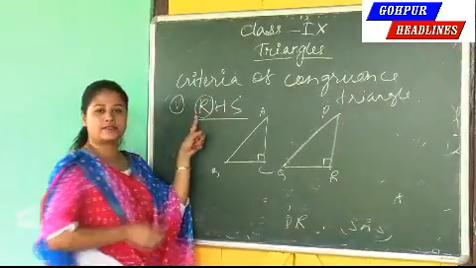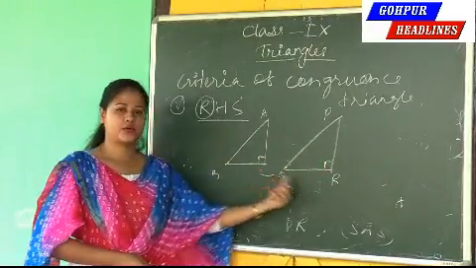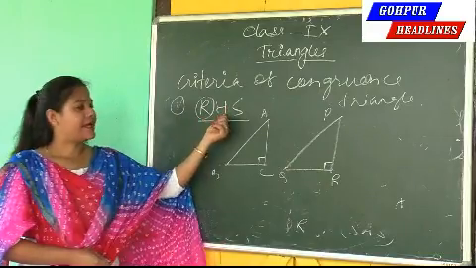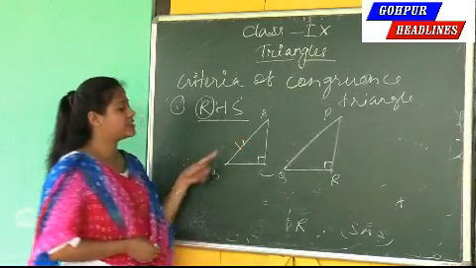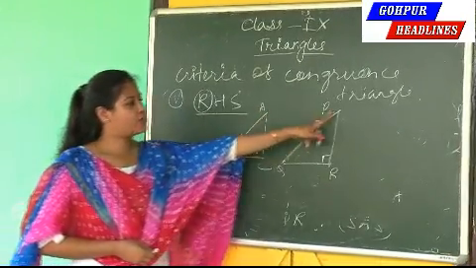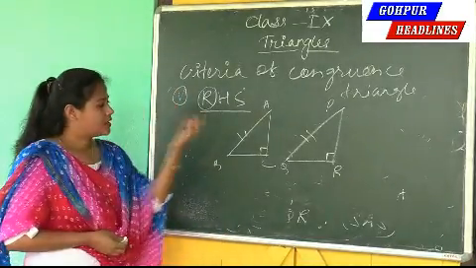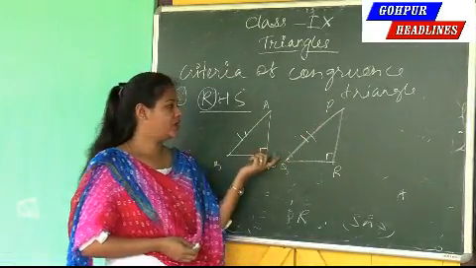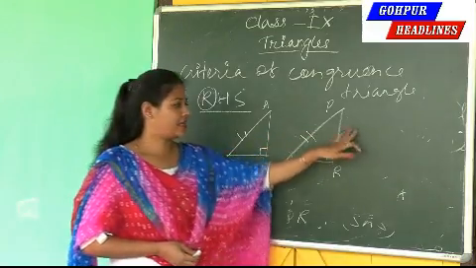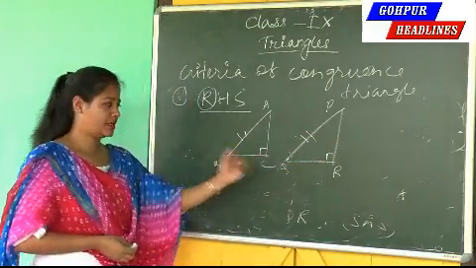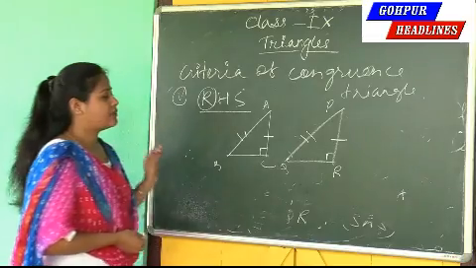R means right angle, so angle C equals angle R. H means hypotenuse. For these triangles, the hypotenuse is AB, and for PQR the hypotenuse is PQ. So AB equals PQ. And the side means any one side from these, and it must be the corresponding side.